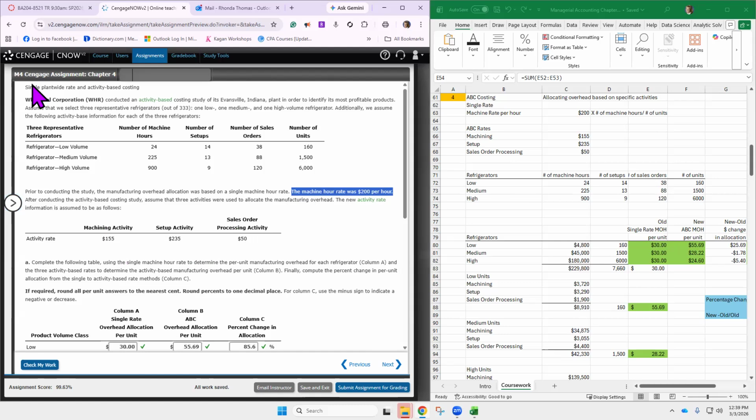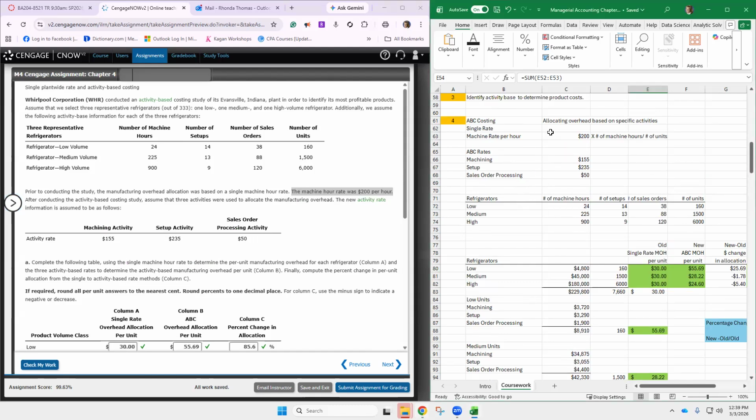So when we figure the first single plant-wide rate, that's what we're going to use. So here we go, I have put $200 here. You put yours down. We're going to take that times the number of machine hours and then divide by the number of units to get the rate, okay?